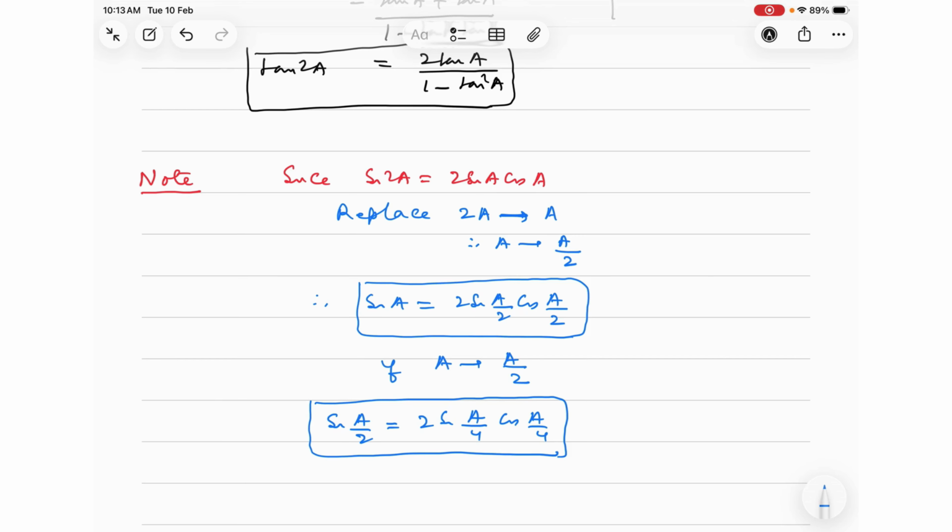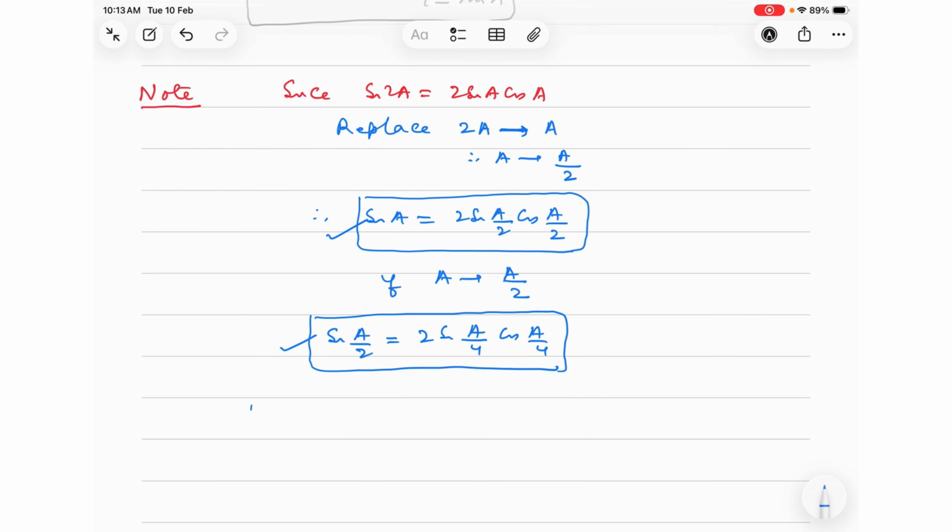So from sin 2A equal to 2 sin A cos A, we can prove sin A as 2 sin A by 2 cos A by 2. Sin A by 2 equal to 2 sin A by 4 cos A by 4.